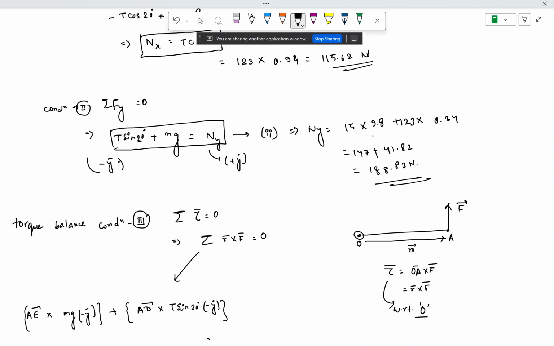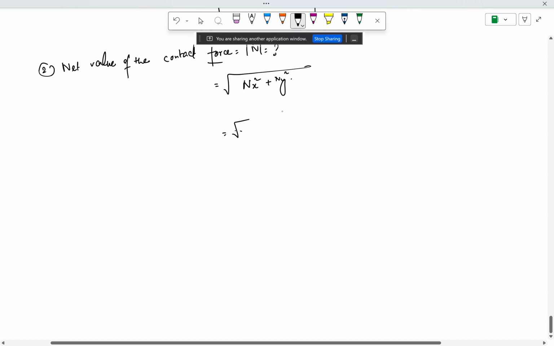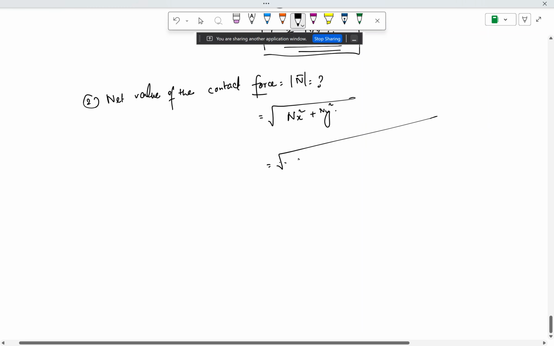So we take a square of these 115.62 and 188.82. I have calculated it using the calculator. This is coming around 221 newtons.